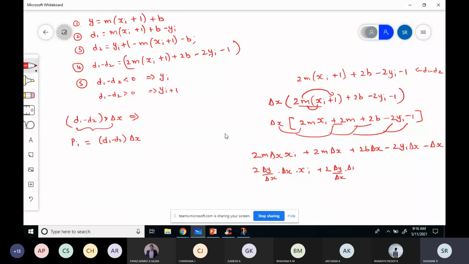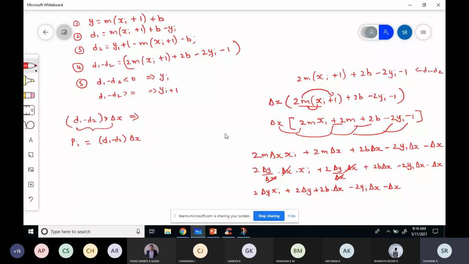See, you can parallelly write this equation and check also because you need to practice this. Okay. So now delta x cancelled, delta x cancelled. The equation will be 2 into delta y xi plus 2 into delta y plus 2b delta x minus 2yi delta x minus delta x.